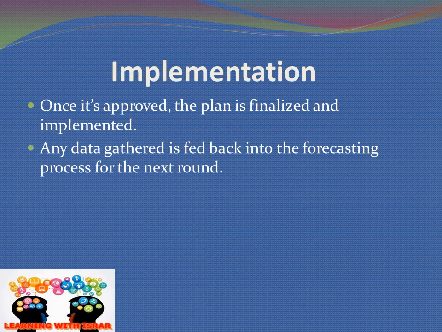After everything is done, we go to the last phase, which is the practical phase of sales and operation planning: implementation. If we have any more data, we will keep it for our next round of this process.